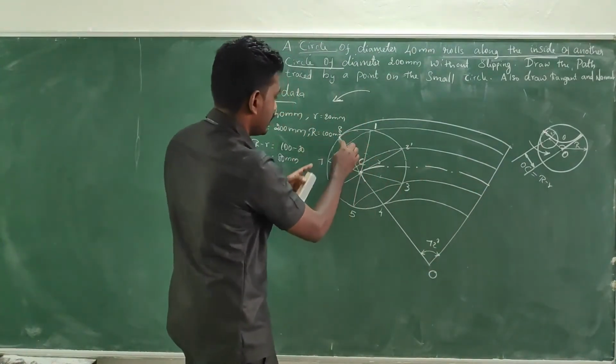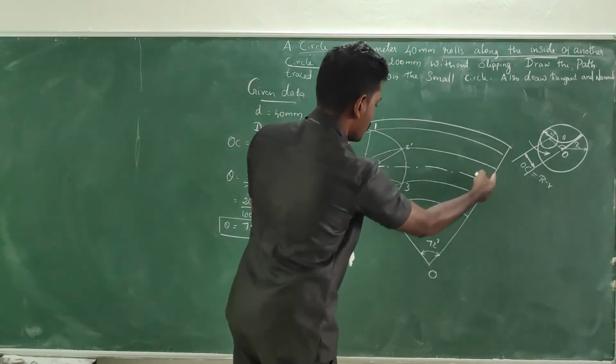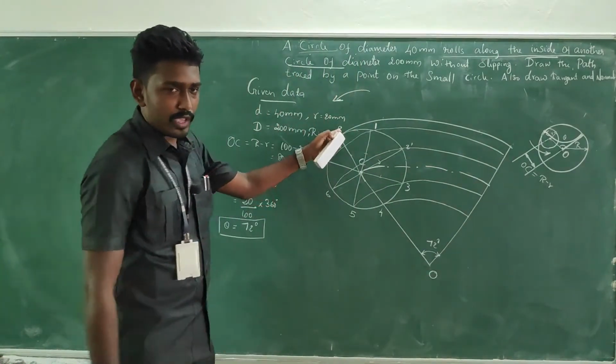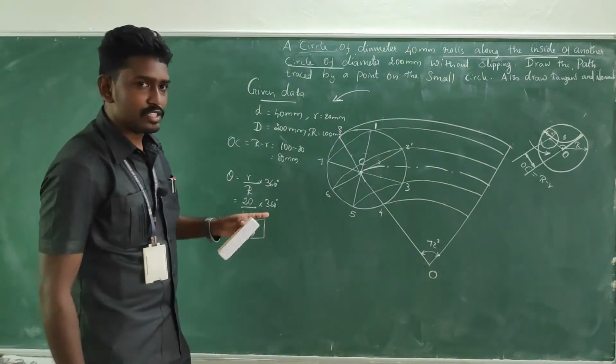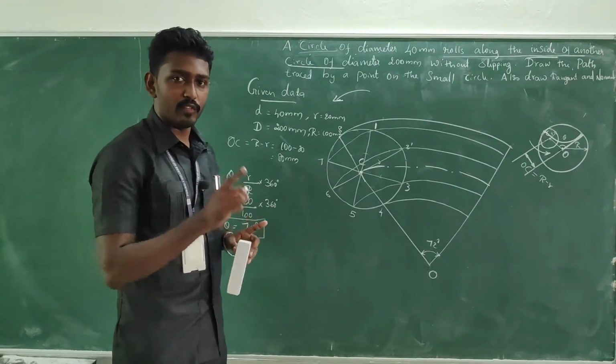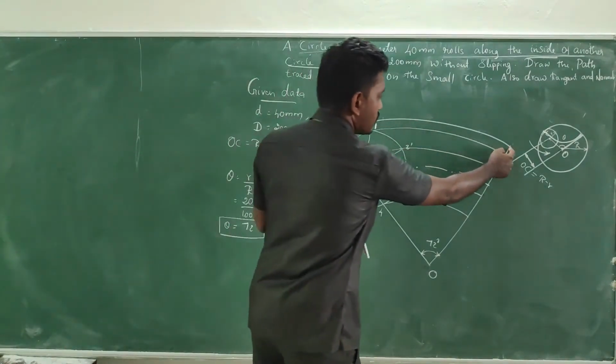That means this segment, you could see the V-like shape, right? This 72-degree angle has to be divided into 8 equal parts. Now we are going to divide it. For that we are going to use the method like the epicycloid and cycloid. We are going to use the method of bisection, for which this is one end and this is another end.